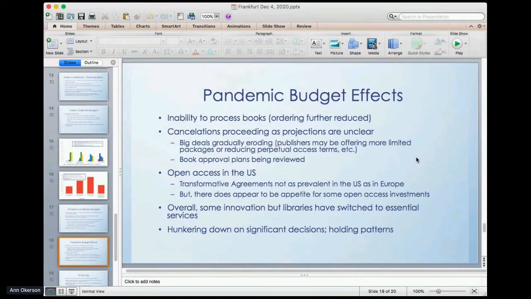Open access in the US, transformative agreements are not as prevalent in the US as in Europe. That's because simply, I think it takes a whole lot of effort in the back rooms with spreadsheets and data to develop a successful transformative agreement. Dirk yesterday mentioned a few institutions in the US who have been active on this front.